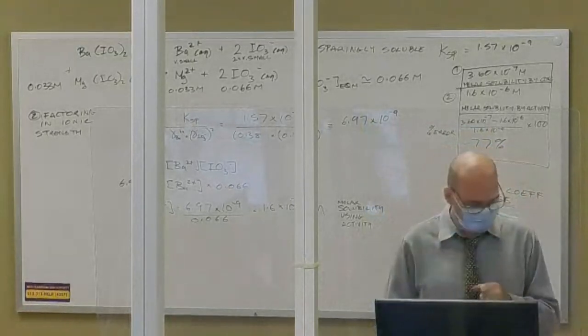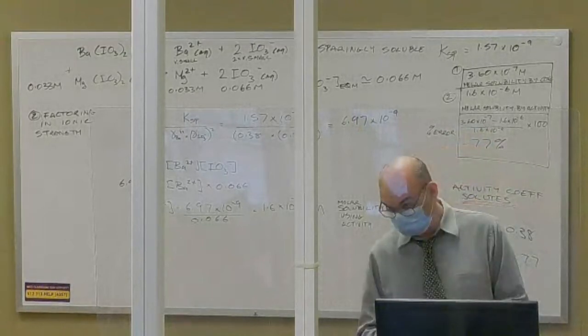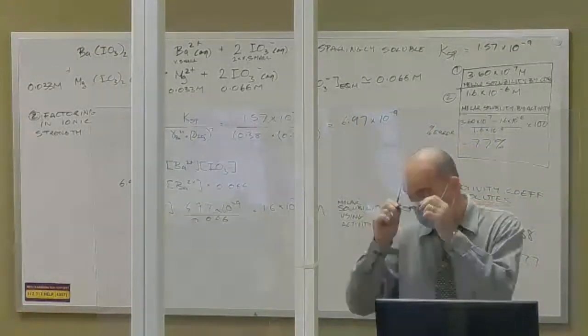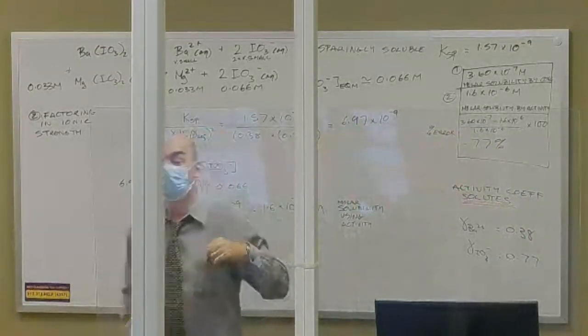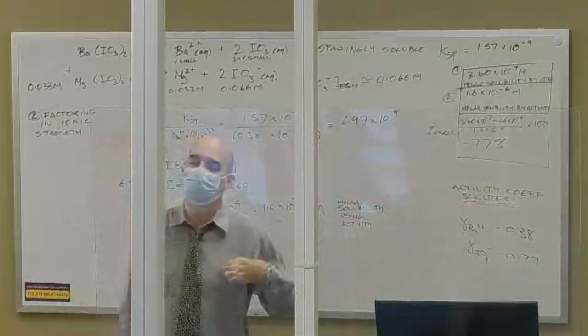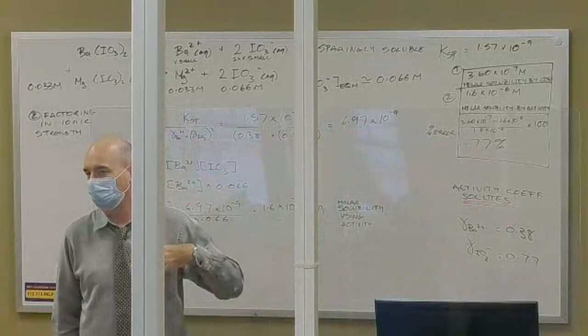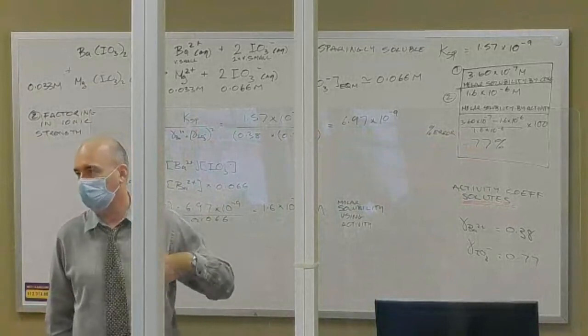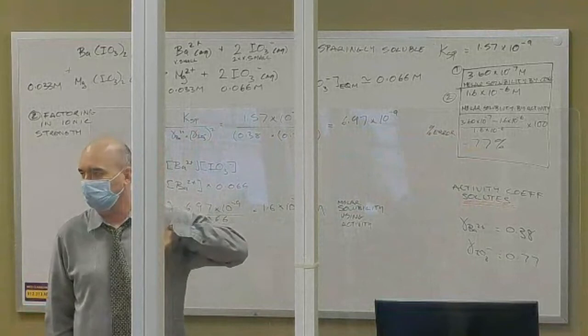So people who need to keep track of ions in complex environments, ions that are in the presence of other ions, just can't rely on concentration anymore. Which comes to be the factor of, well, you have two options here.